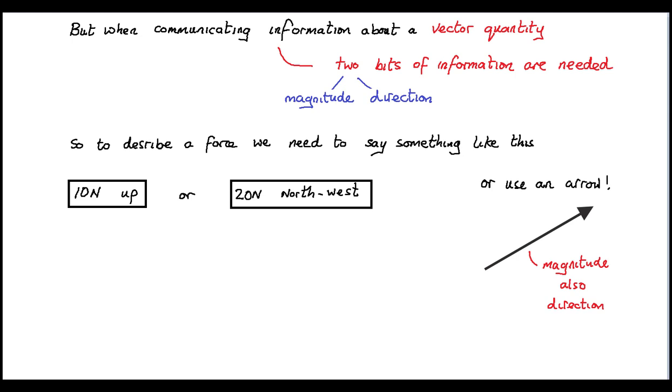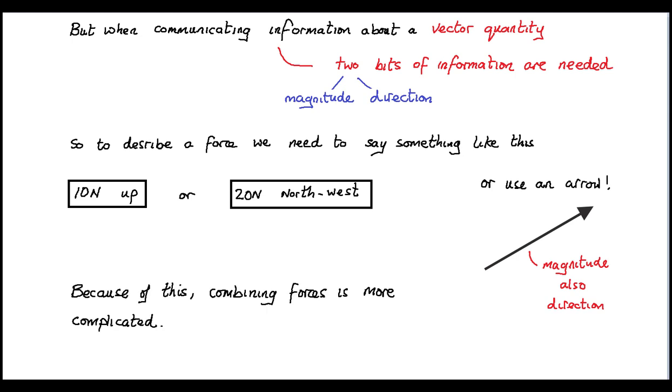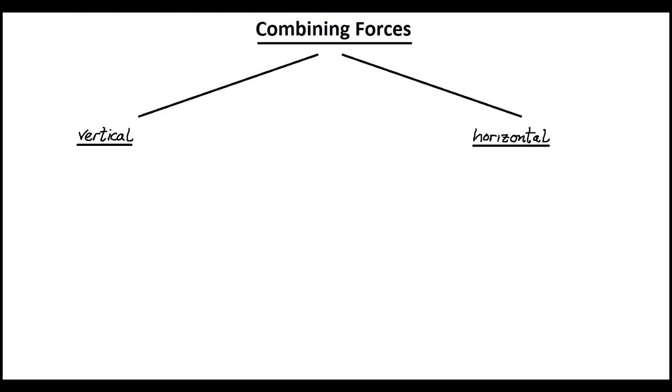Whereas combining scalar quantities is relatively easy, combining forces, which are vector quantities, is more complicated because you have to deal with two bits of information: the magnitude and the direction. But the good news is that in most of the problems you come across, the forces acting on a body are going to be either in the vertical direction or in the horizontal direction.